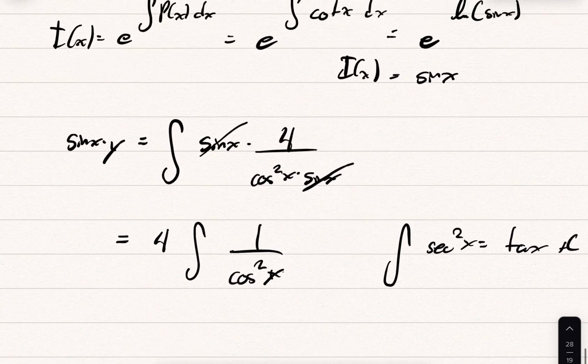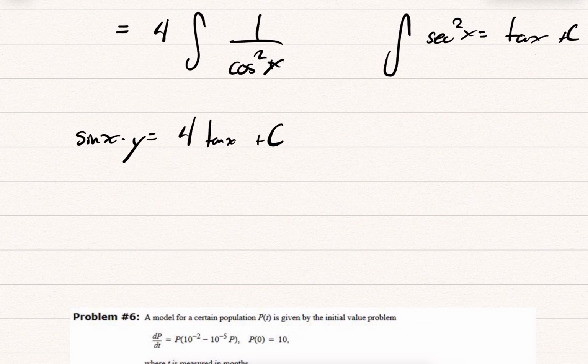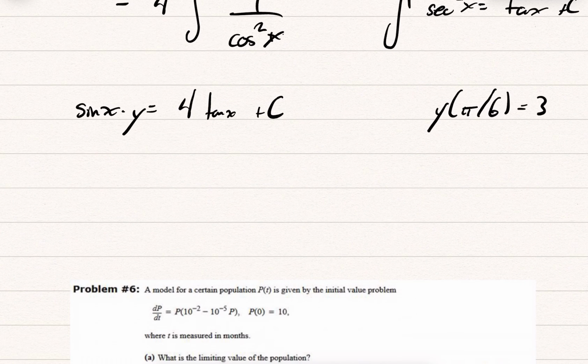So I now have sine x times y equals 4 tan x plus c, and my initial condition is y at pi over 6 equals 3. So I have, and you can use any calculator you got.